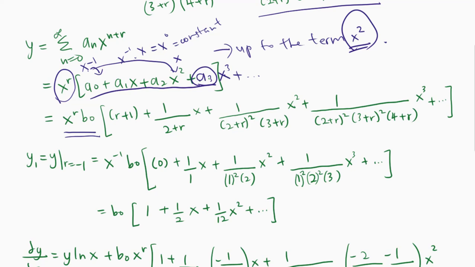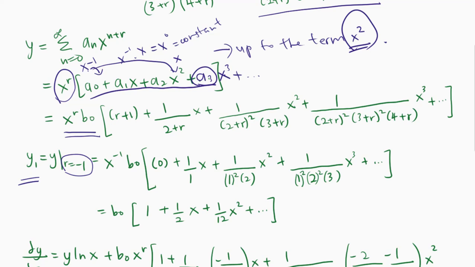And then next, y1 is when we substitute the value of r equal to negative 1. So here, just do a quick calculation. Okay, r plus 1 is negative 1 plus 1, 0. Negative 2 minus 1 is 1, okay. And here 3 minus 1 is 2. Okay, simple calculation, quick calculation.